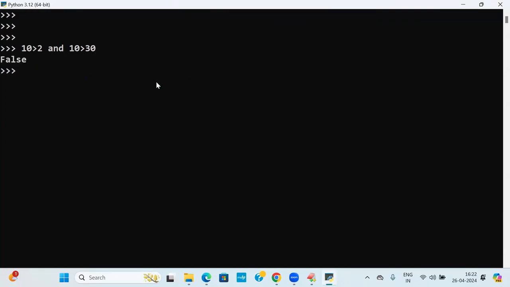Come on, next I'm going to say. Careful students: 10 greater than 20 and 20 greater than 10. 10 greater than 20 is false, and 20 greater than 10 is true. So false.